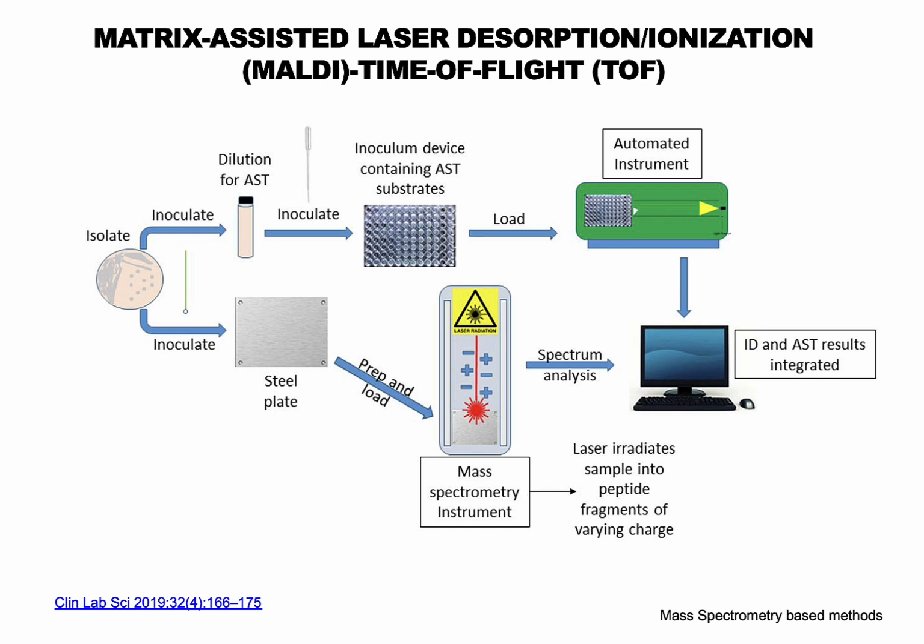A plot of the detector signal versus mass-to-charge ratio produces a mass spectrum that is uniquely correlated to the organism's biochemical composition.